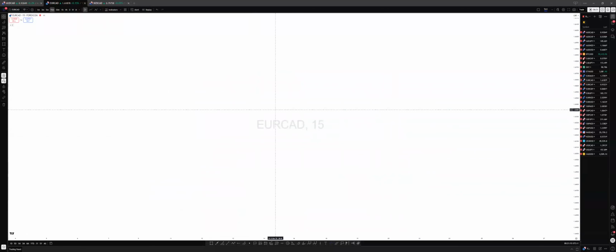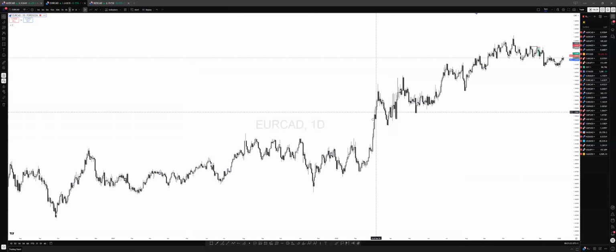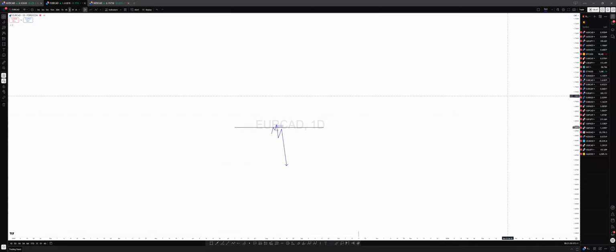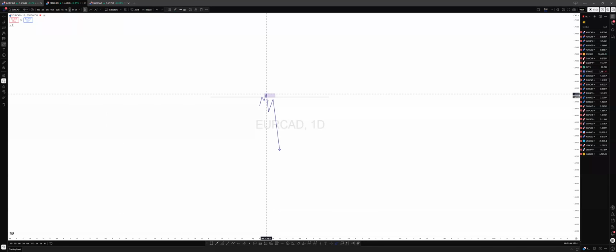So basically what the AMS tells us is, let me go back to daily. I think it's going to be easier to show you. Where was my drawing? All right. So what we want to do is, this level here that you've seen, within this point, there's going to be an area where price creates candles like this.